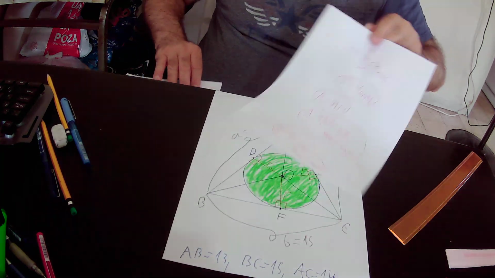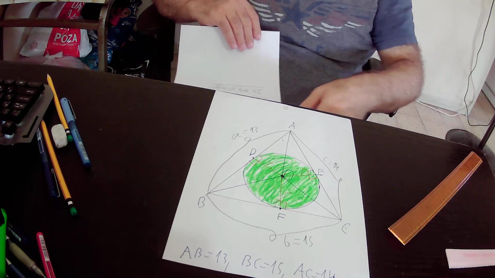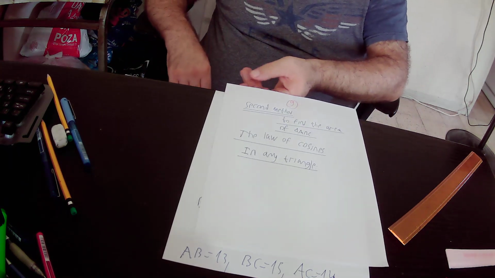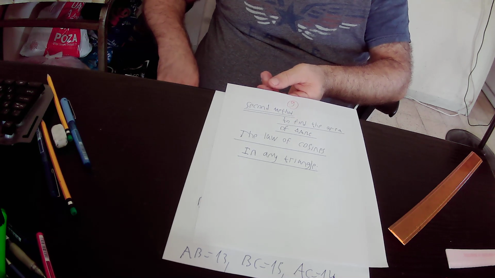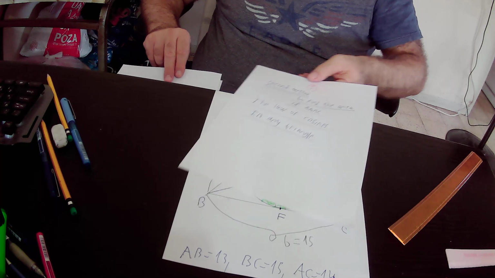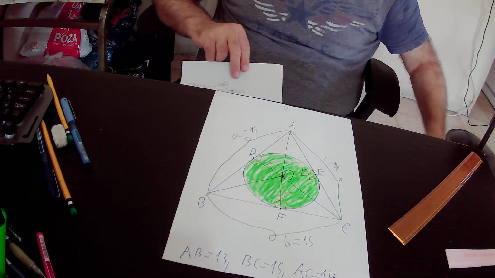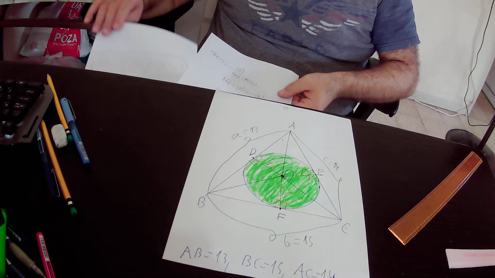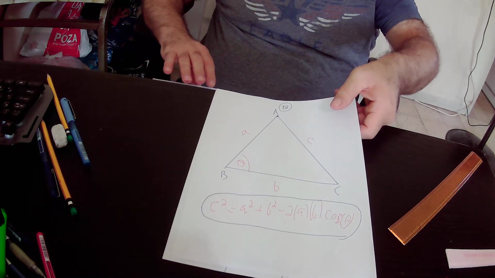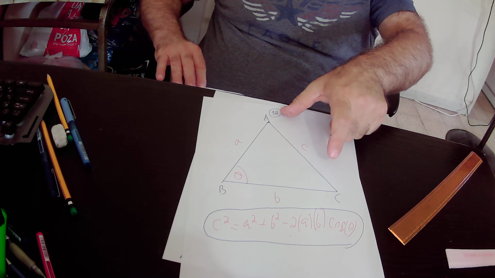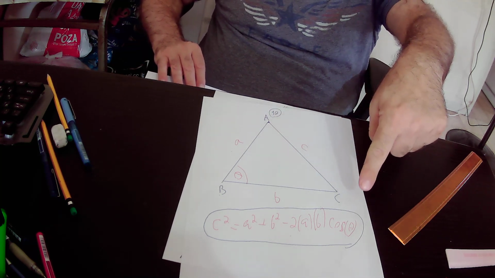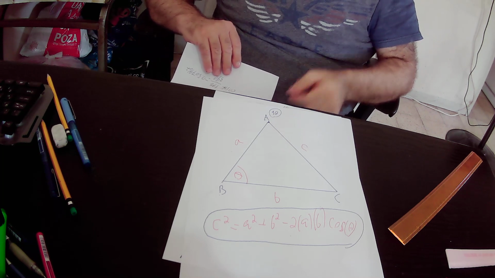Then I presented to you a second way to find the area of triangle ABC. We actually used the law of cosines, which is valid in any triangle. According to the law of cosines, C squared equals A squared plus B squared minus 2 times AB times cosine theta.